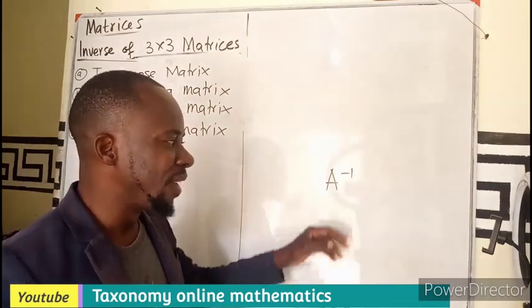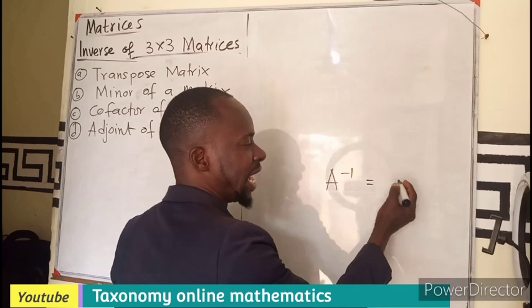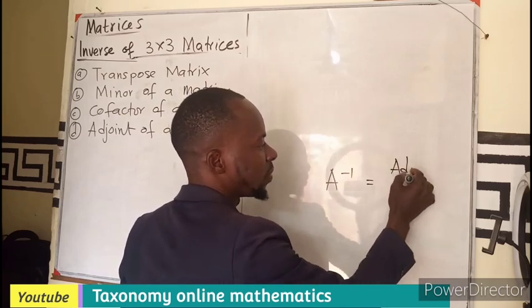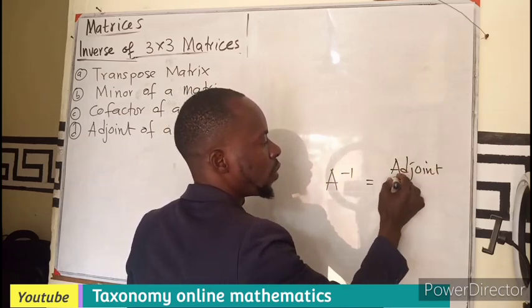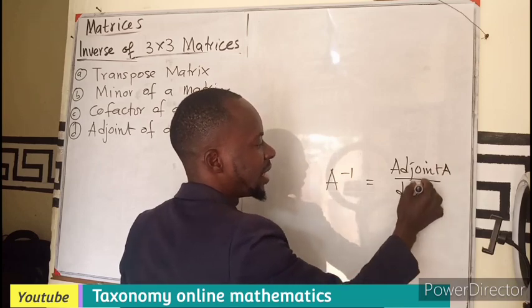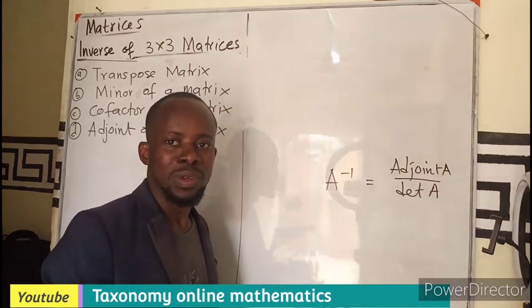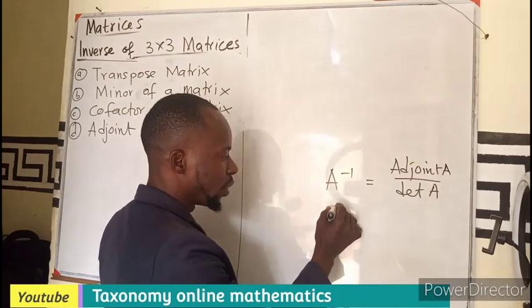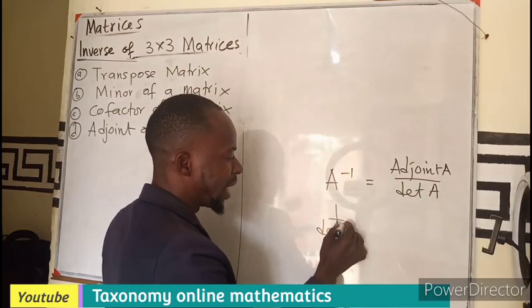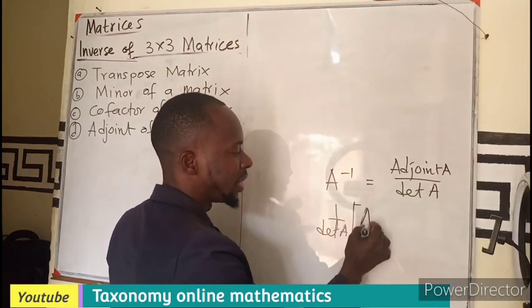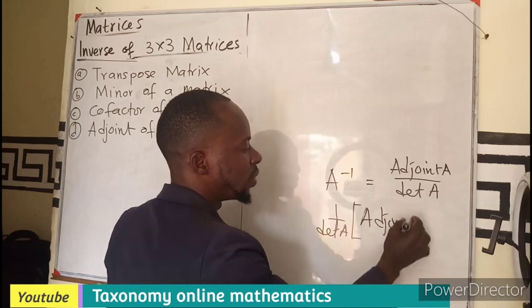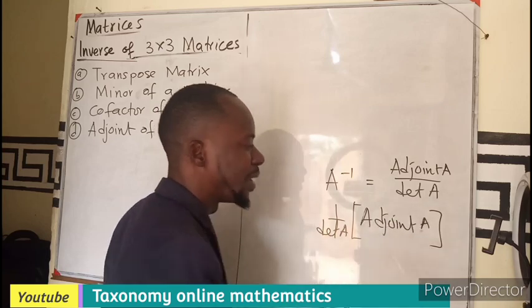Also, to find the inverse of this, we learned that it is just the adjoint of the matrix over the determinant of the matrix, whereby this could be 1 over the determinant of the matrix times the adjoint of the same matrix.